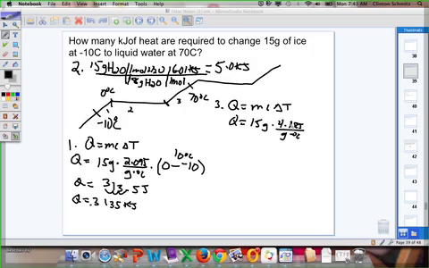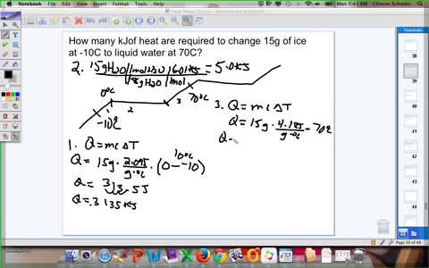Notice that the specific heat of liquid water is different from ice, okay? So you got to keep that in mind. And we're going to take that times the temperature change, 70 minus 0. So 70 minus 0 is 70 degrees Celsius.